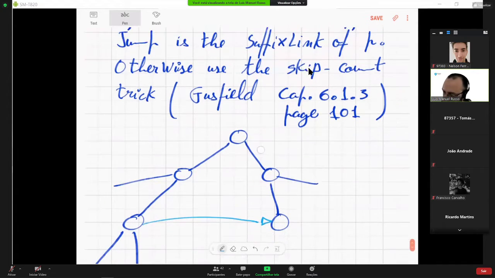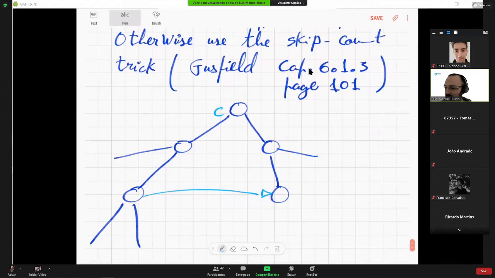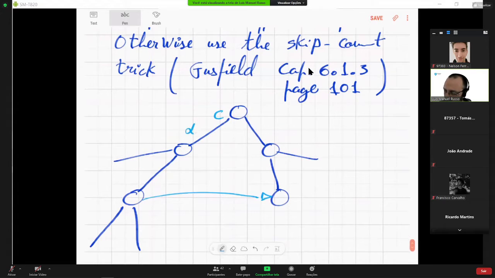There's a letter, so we usually use C for the letter. And now my alpha is split, so you have alpha 1 and alpha 2, and here you have alpha 1 and alpha 2 also.